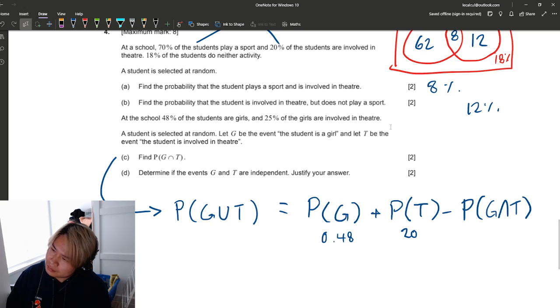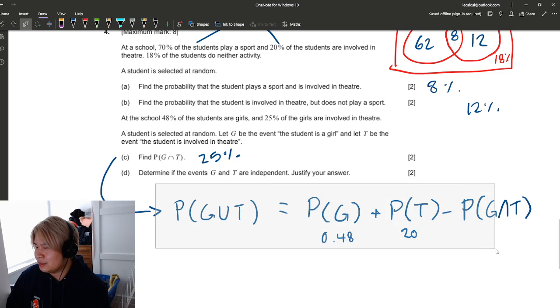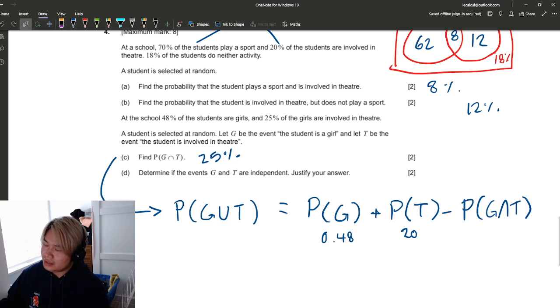Am I being dumb? This is the girls that are in theater, right? Is this not 25? Maybe I don't need this formula. This is why this was weirding me out. Okay. G intersection T are the girls that are in theater.